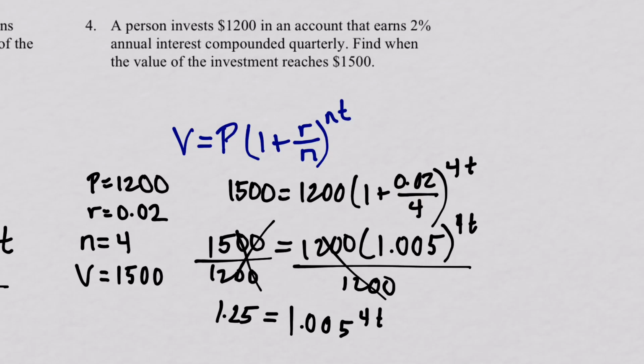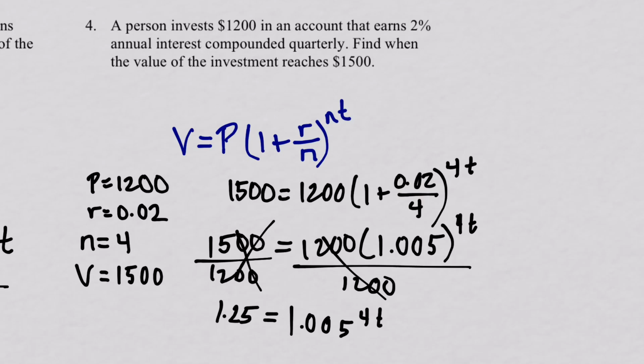Under y sub 2, you're going to put 1.005 to the power of 4t. And then you're going to find the point of intersection like you always do, right? Graph it. Then go to second trace, which is the calculate menu. Choose option number 5, and that will give you the point of intersection after hitting enter 3 times. So go ahead and do that.